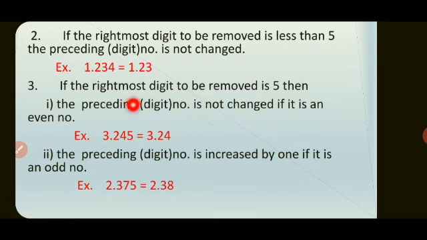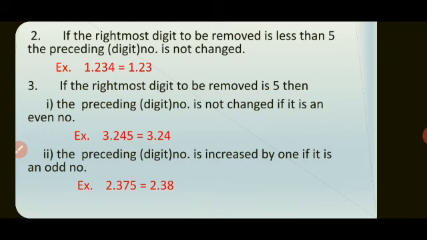Here we have to remove this rightmost 5, but the previous digit is 4, hence as it is an even number, it is not changed. The preceding digit is increased by 1 if it is an odd number, when the removed digit is exactly 5. So in 2.375, the rightmost digit is 5, and if we want to remove this, the previous digit is 7, so we have to add 1.